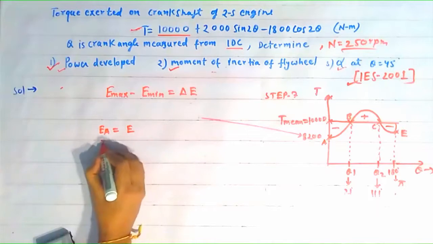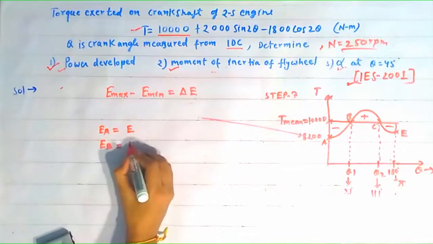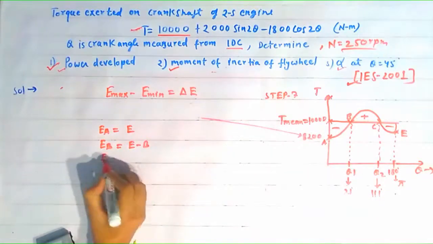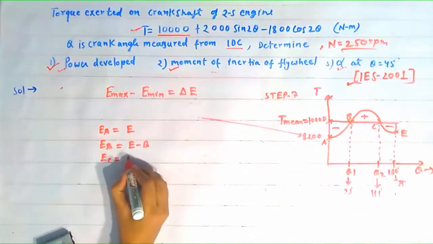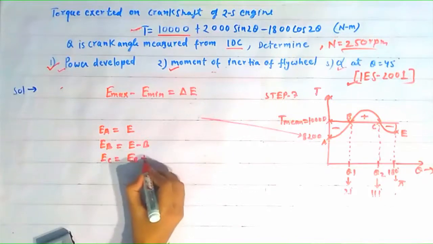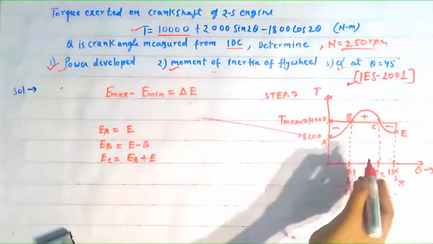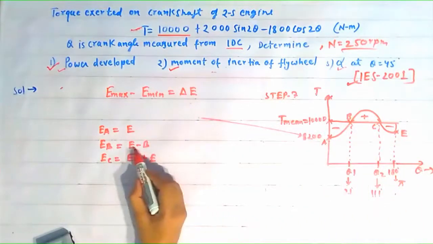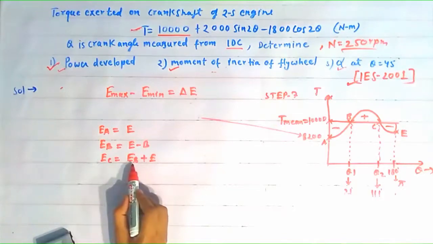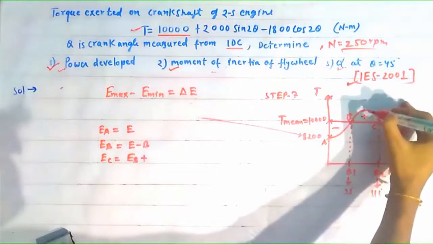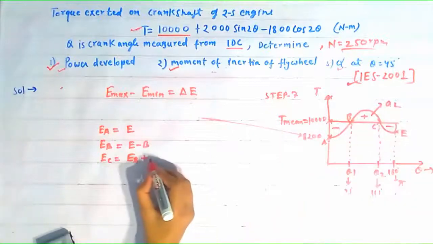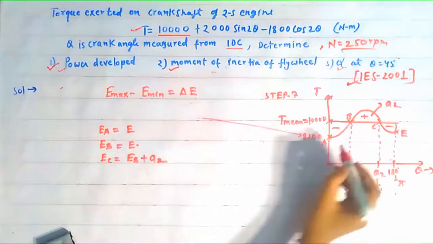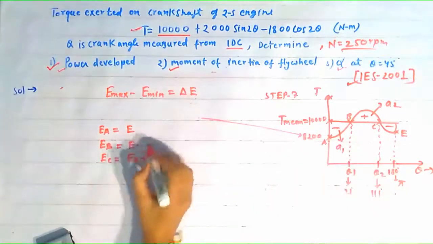Then the energy at B will be equal to E minus A1, because this is the negative sign, and energy at C will be equal to energy at B plus this area A2. Energy at B was E minus A1.